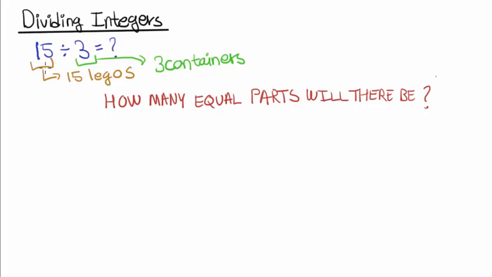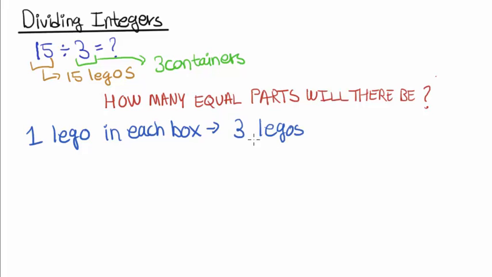And so you might think about it for a second, and since this is a simple example, let's work through it. If I put one Lego in each box, how many Legos will I have? So if I put one Lego in each box, I will end up with 3 Legos in total. Now, since 3 is not equal to 15, I cannot put one Lego in each box. Let's say I put 2 Legos in each box.